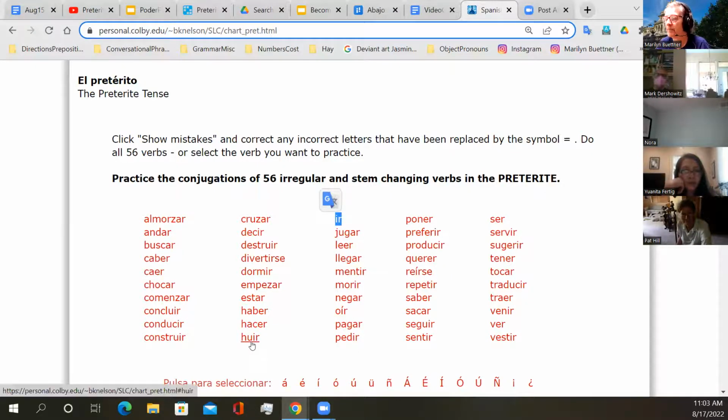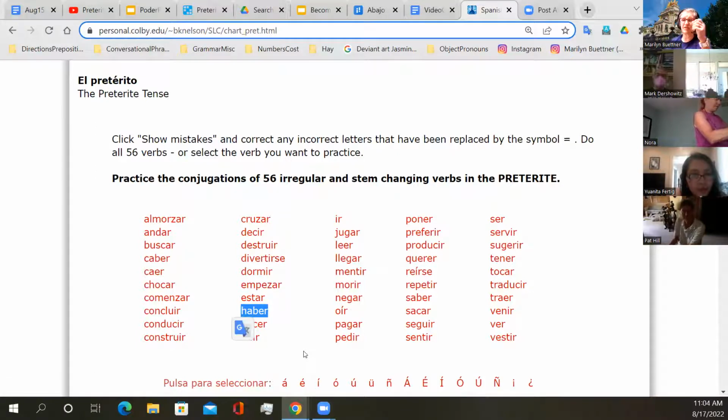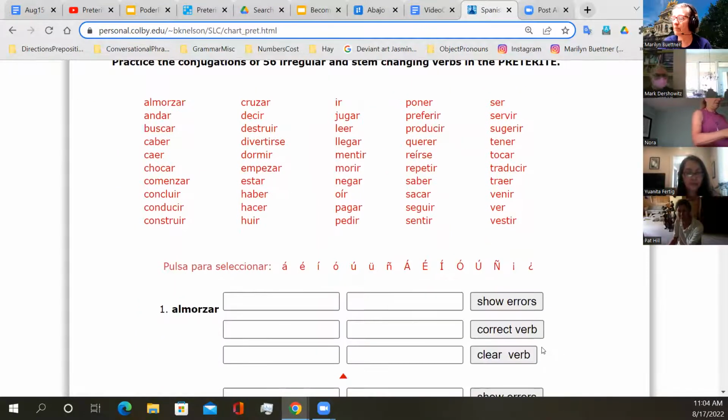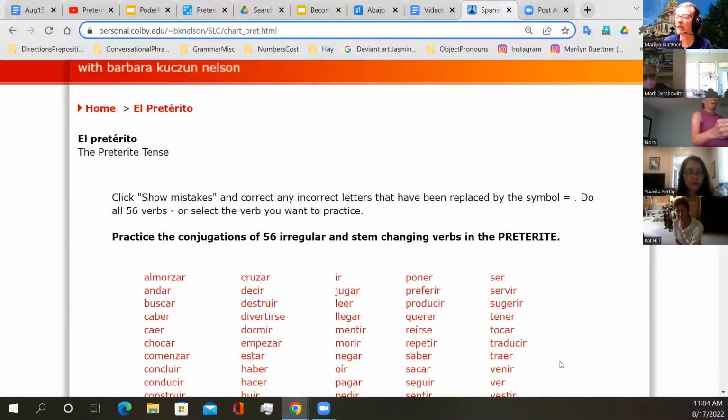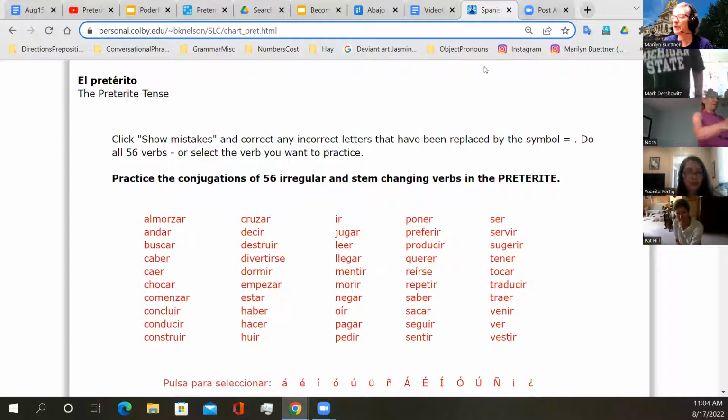You kind of see where I'm going. You are likely to use haber, which means there are, and therefore in the past there were. So if I gave you a list of all the irregulars in preterite, that'd be nice and very informative, but it's not necessarily helpful for you in communicating. But those things do exist.